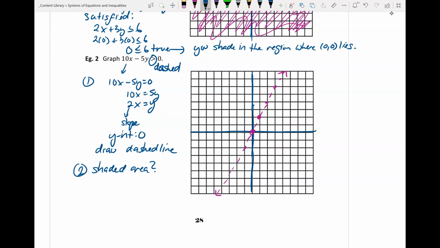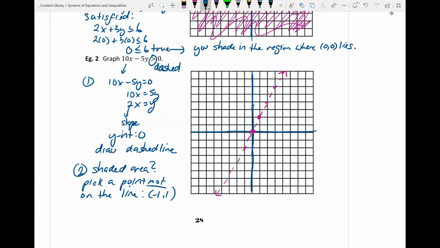So we're going to pick another point. Let's just say negative 1, 1. And then negative 1, 1 is not a part of that line.